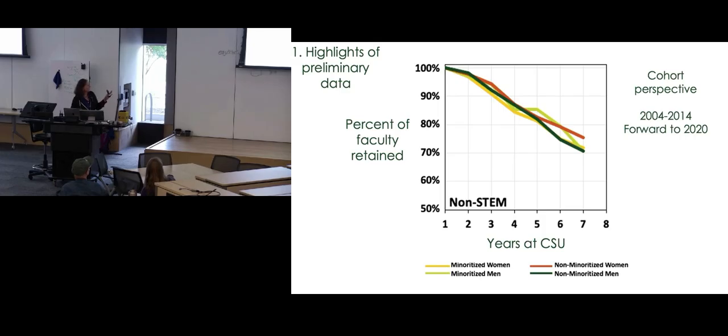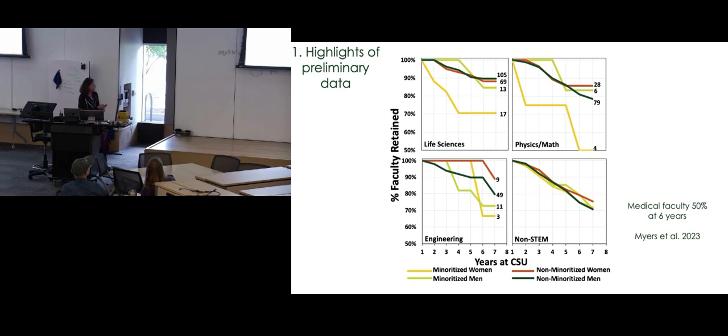So what the data showed when you break it out by all the disciplines is this. These are also NSF disciplinary groupings, which allowed us to get enough individuals in these groups to be able to track whether they stay or leave CSU. And these numbers on the sides are how many people are in those groups.